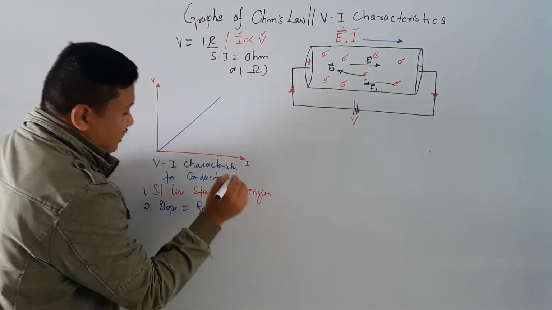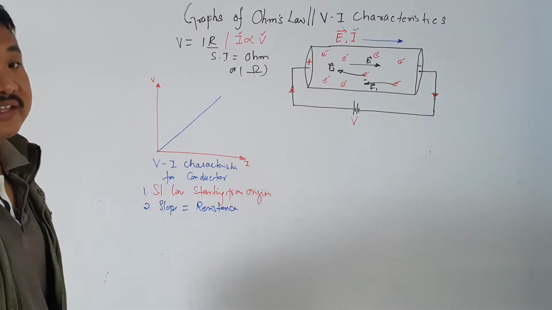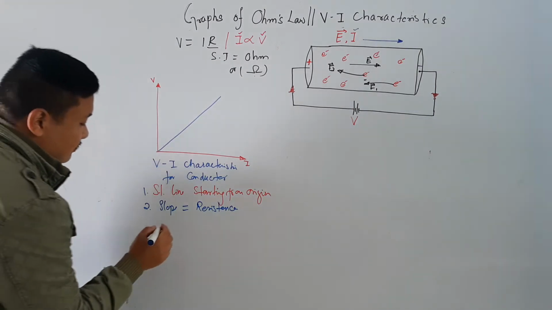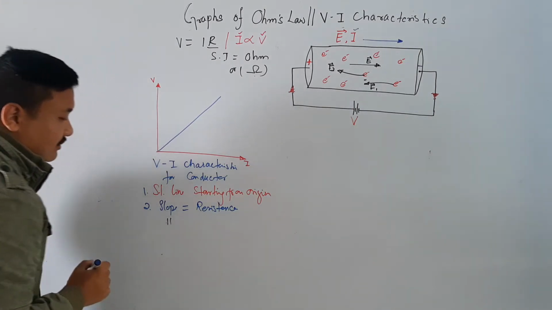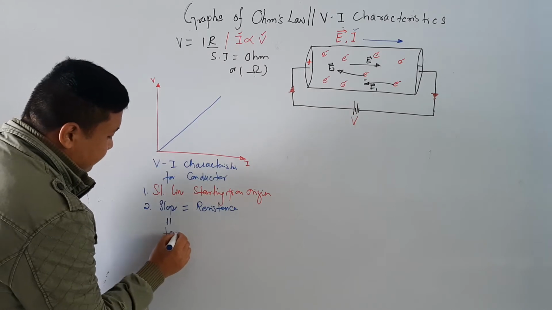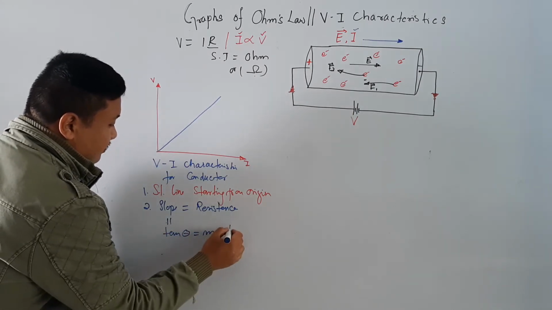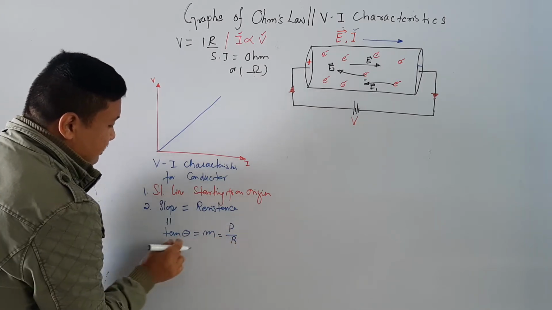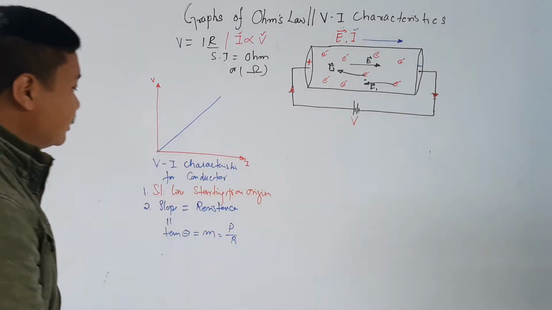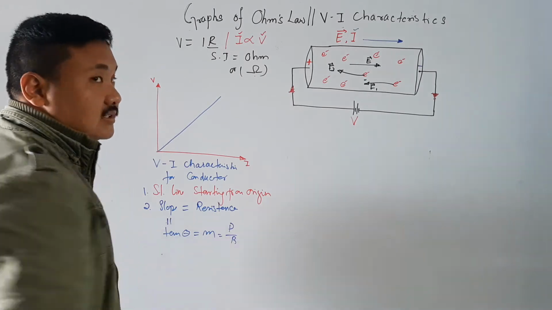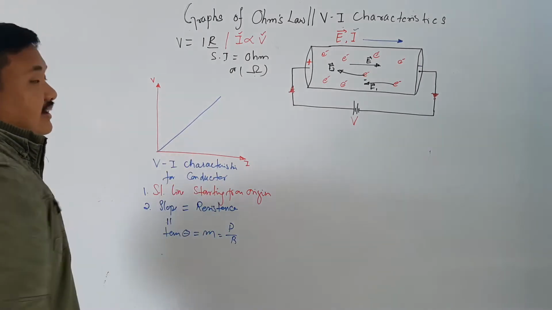If you want to calculate the slope, in mathematics it is given by tan of theta, which is equal to m, which is equal to P by B. So whenever you take the slope, we will get the resistance.